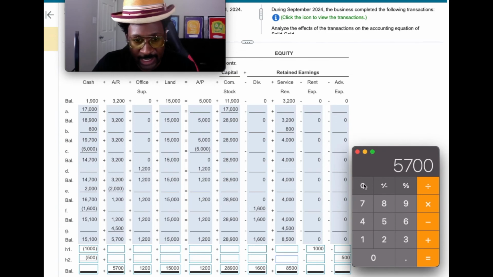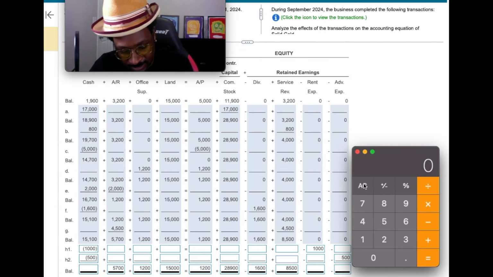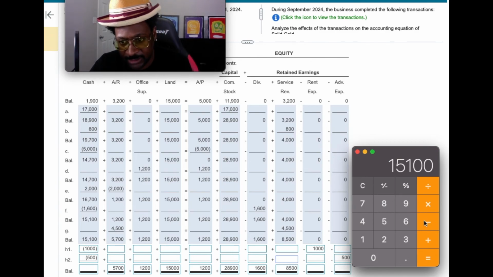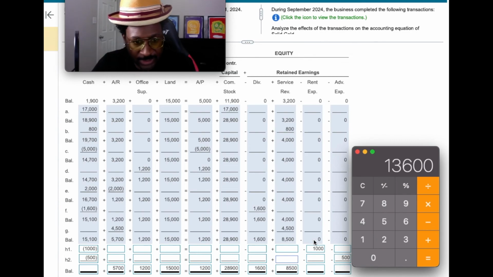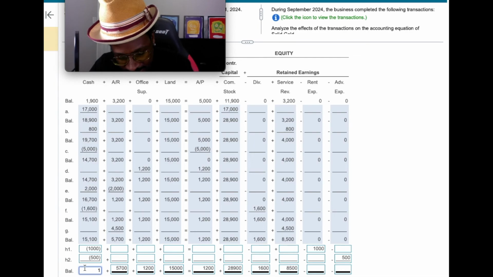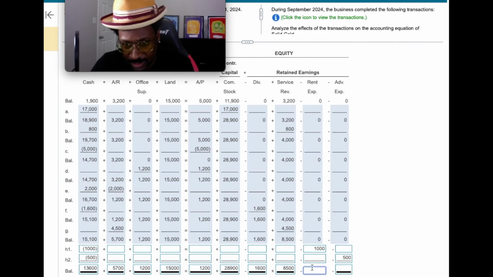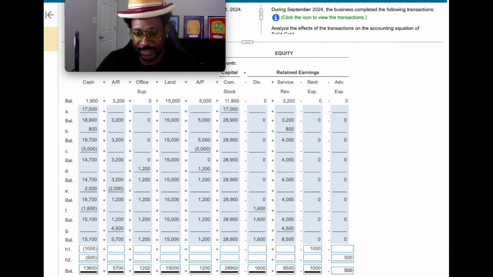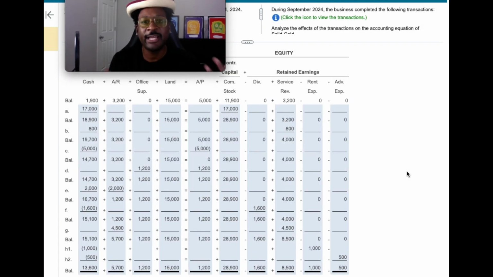So we had an initial cash balance of $15,100, and we decreased cash by a total of $1,500. So that would give us a balance of $13,600. Our rent expense has now increased by $1,000, as well as our advertising by $500. We're going to check the answer. Bang. So that's it, gang.